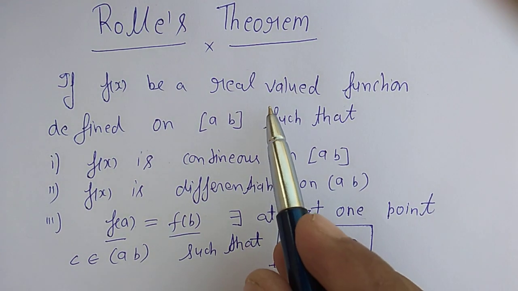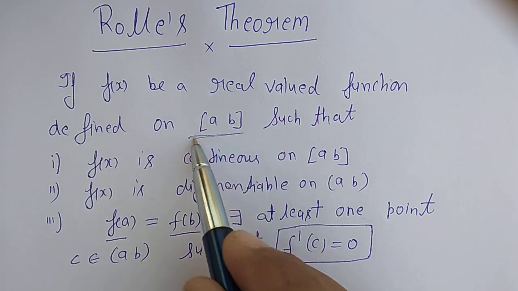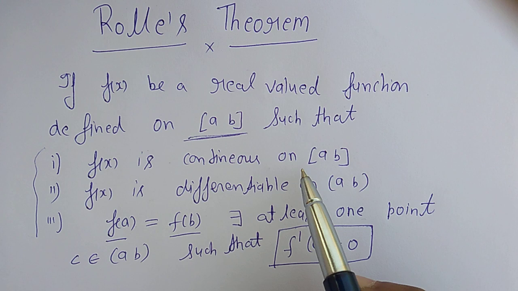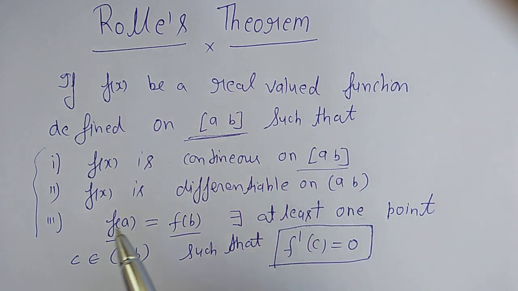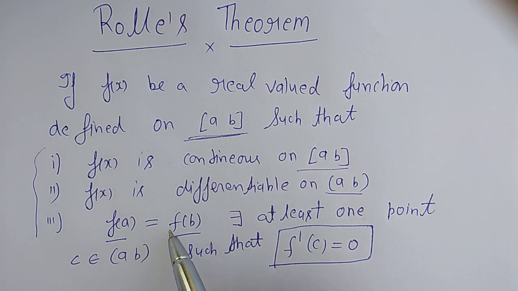If f is defined on closed interval a b, and f satisfies these three conditions: first, f is continuous on closed interval a b; f is differentiable on open interval a b; and f of a equal to f of b, it means the functional value at both boundary are same, then there is at least one point.